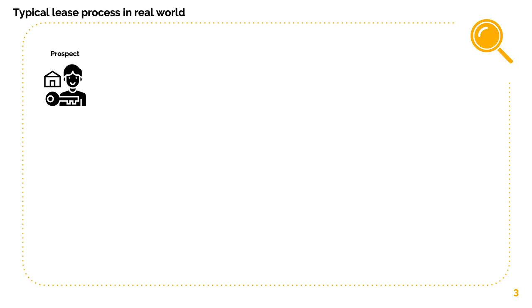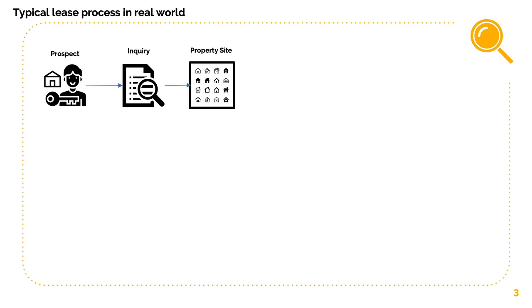I have some options to make an inquiry: with friends and family, with brokers in that area, or on online portals like property websites. In this example we will consider a property website. So Steve has made an inquiry on a property website, and while entering his requirements, he found one unit which fulfills his requirement, a 2-bedroom house with 1,000 square feet of area, which has good fittings and fixtures, and he expresses interest.